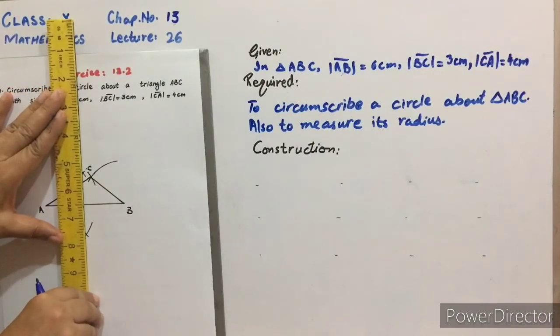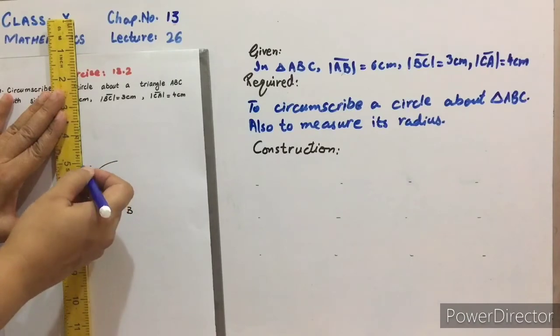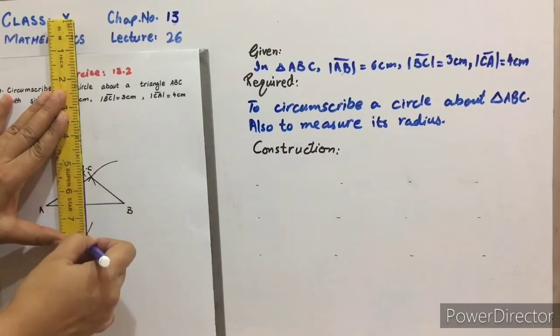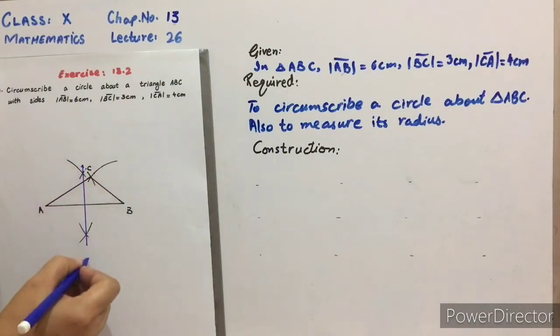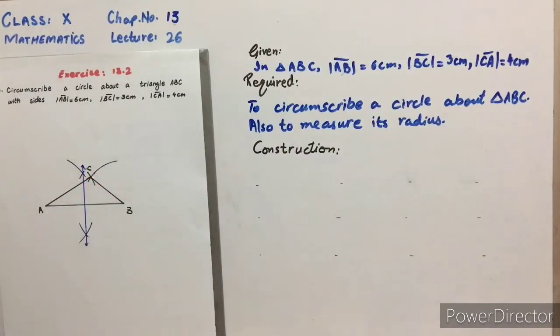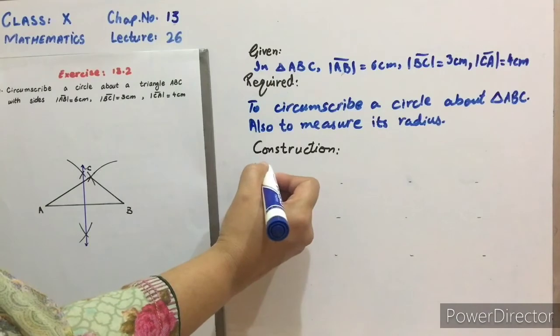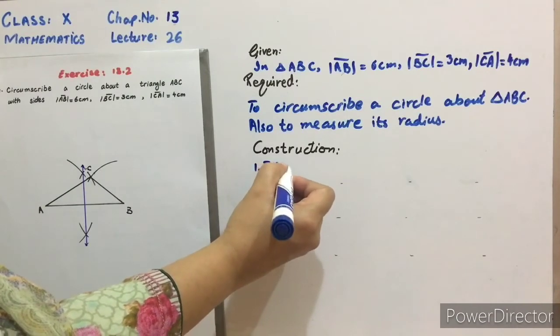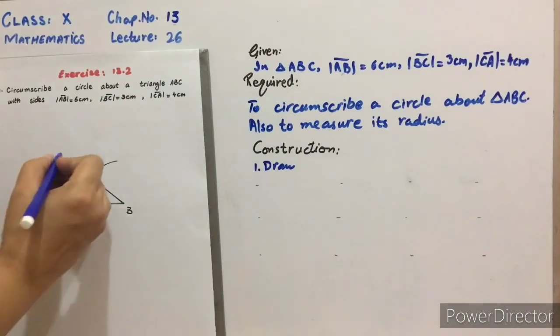Step number 1: draw the perpendicular bisector of AB. Name the perpendicular bisector as LM.